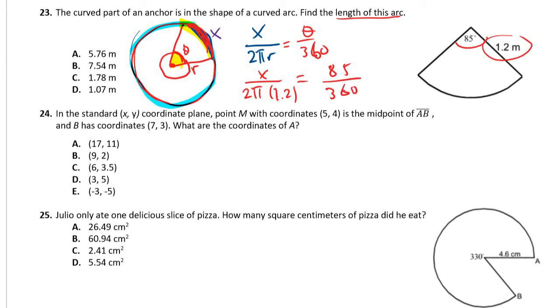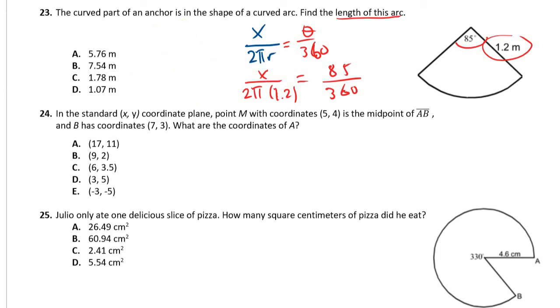I'm going to cross multiply this. We're doing a lot of cross multiplying today, and a lot on your ACT. So 360 times x equals 2 pi times 1.2 times 85.